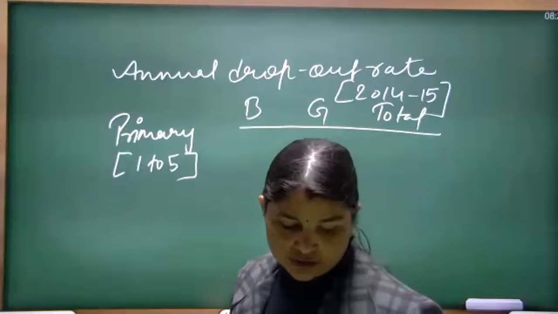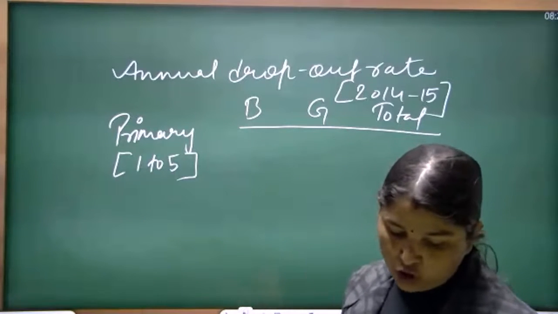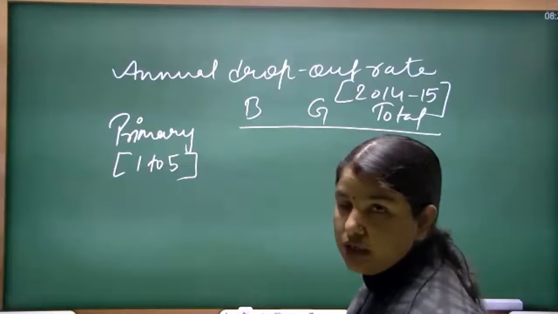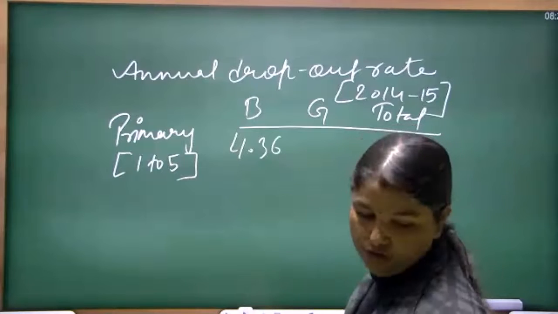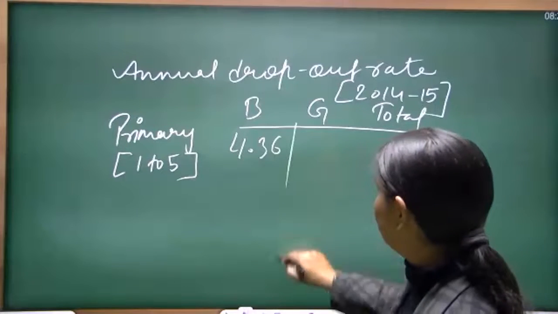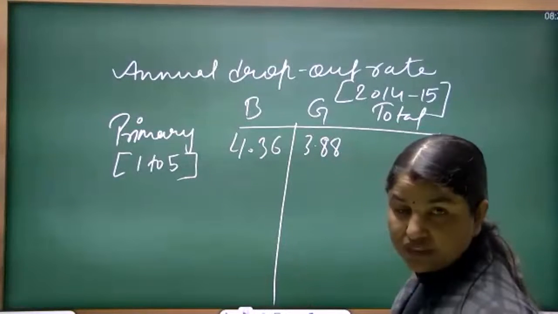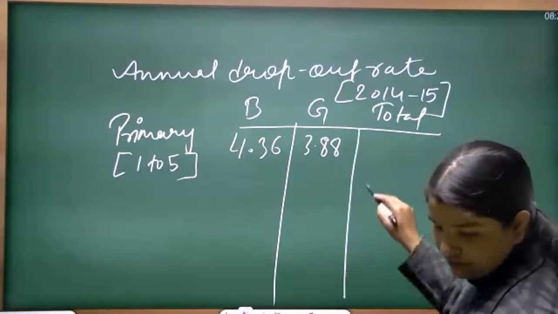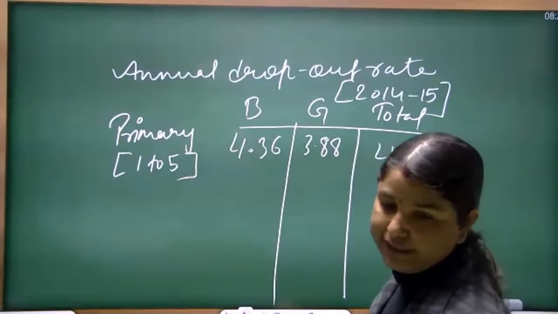From 1st to 5th standard, of all the boys and girls who drop out from the school, the percentage of boys is 4.36 and girls is 3.88. And the total, if we take out the average, is 4.13. Yes or no? Yes.